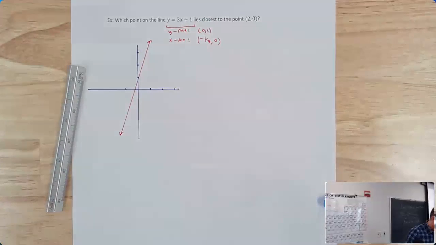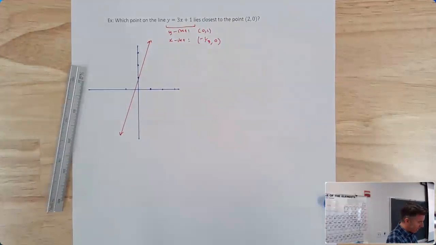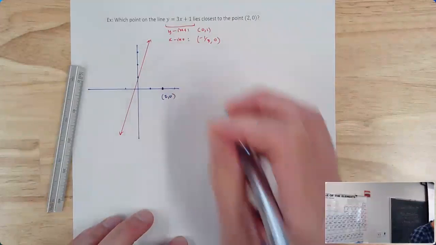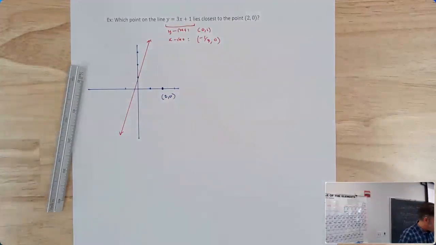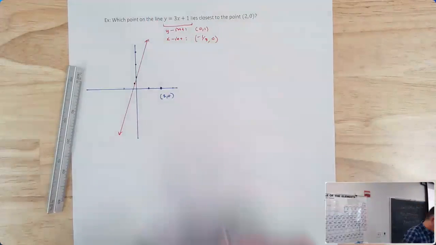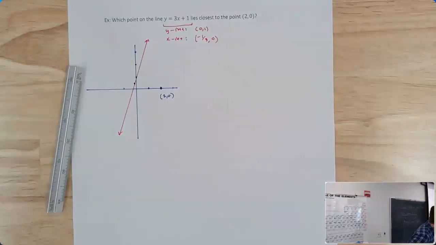About like that. So I'm trying to find the point on that line that is closest to (2, 0). And from experience, I know it's about right there. Let's zoom in.